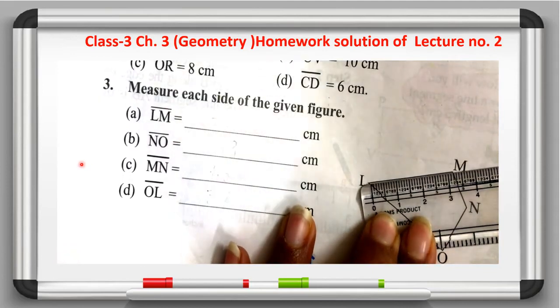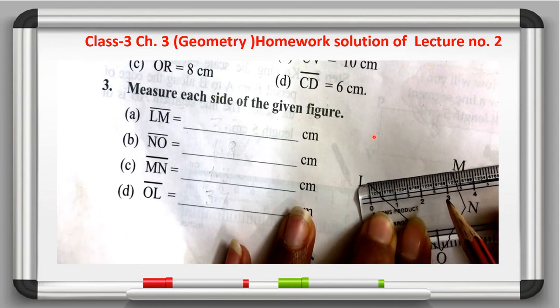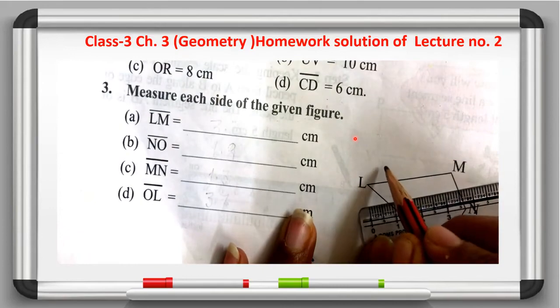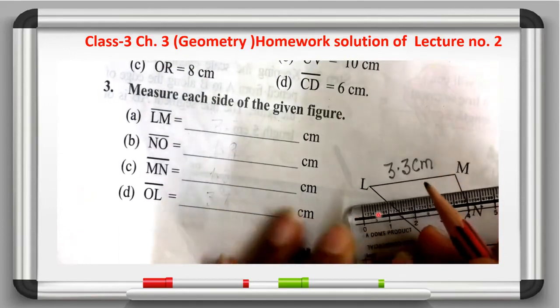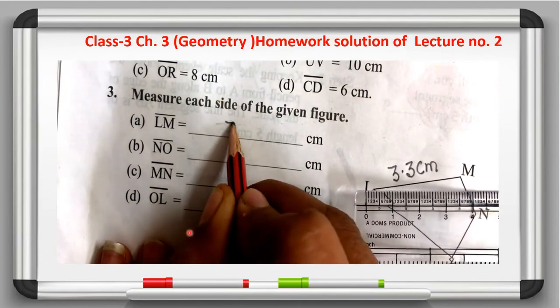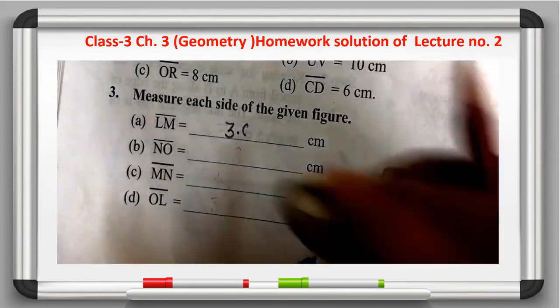So what is the length? That is 3.3 centimeter beta. So here we will write 3.3 centimeter, and here also we will write the length of this line segment LM, 3.3 centimeter.